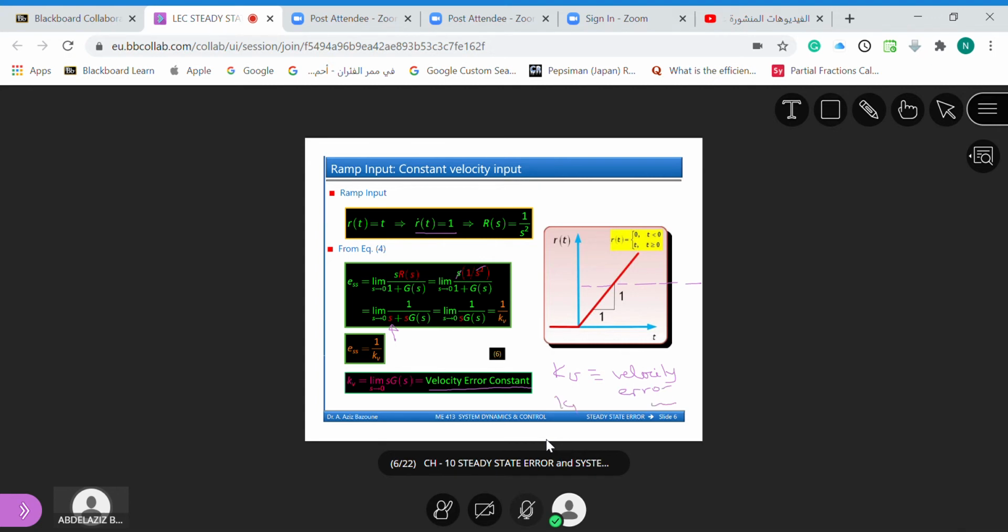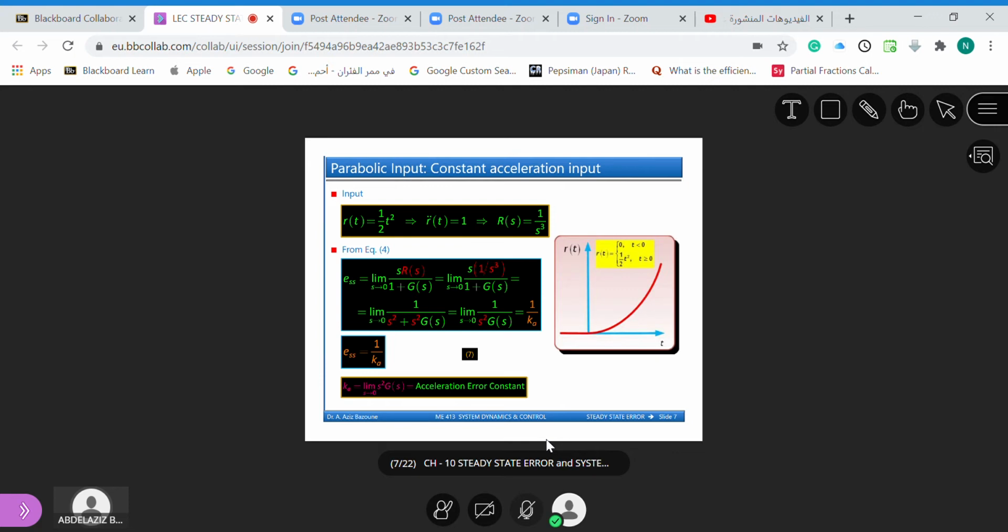We had Kp, do you remember, the position error constant, and now we are showing the velocity error constant. The position error constant will be G(0). The velocity error constant will be the limit of sG(s).